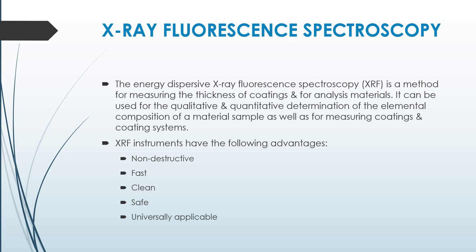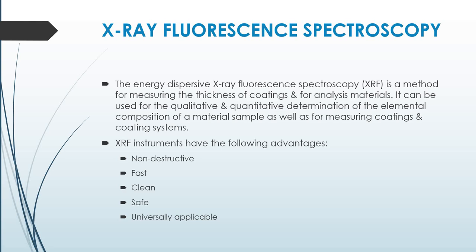No chemicals are used. Next advantage of XRF is safe. Method without the use of environmentally hazardous chemicals. X radiation poses no risk for the operator due to the protective instrument design. Next is universally applicable. The XRF method is suitable for material analysis and coating thickness measurement in a very broad range of applications.